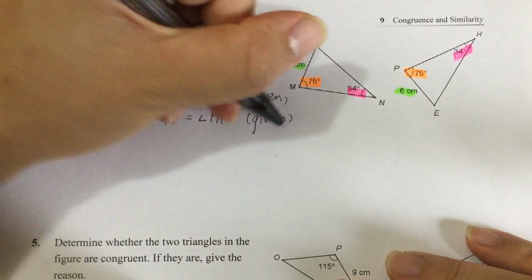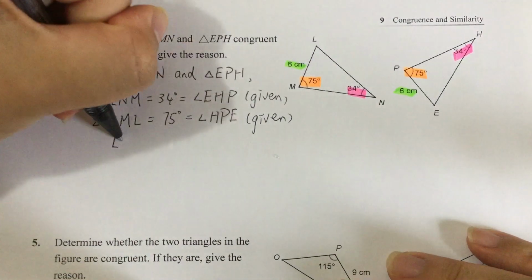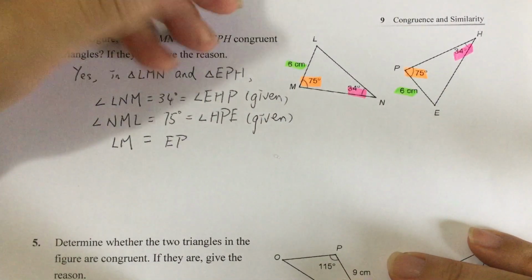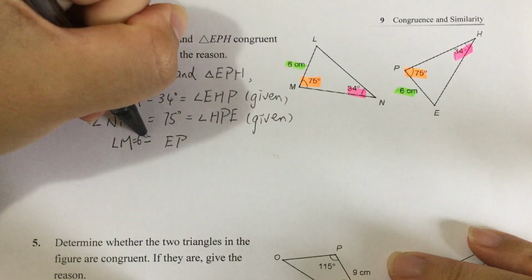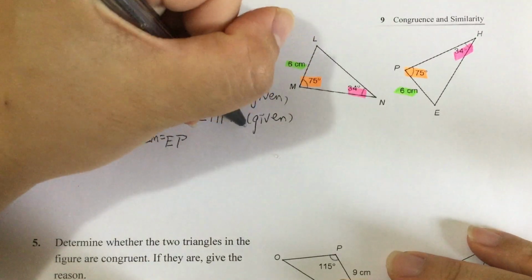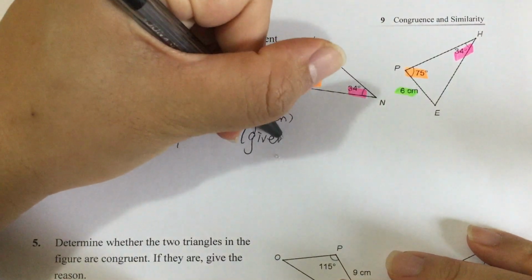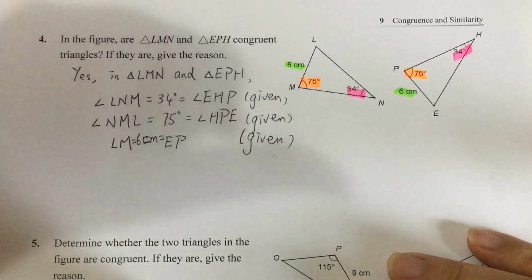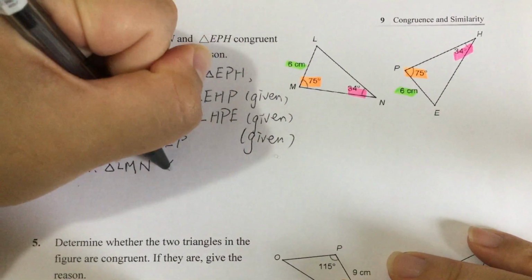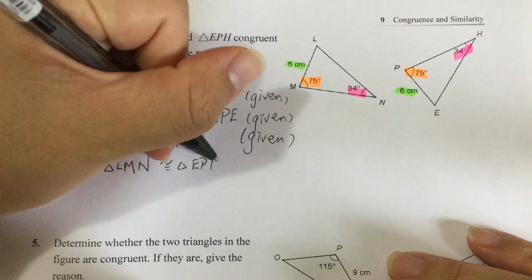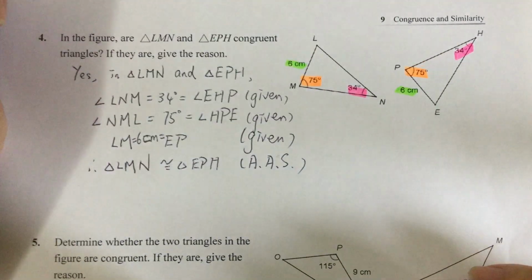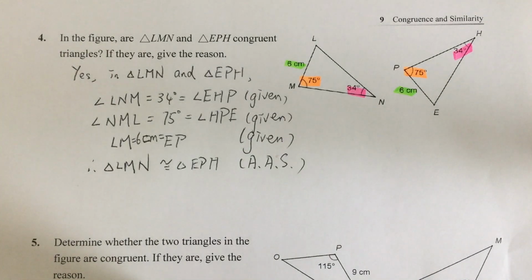Okay, we have 2 angles, and finally we have the length, LM equals EP. Sorry about that, that must be 6 cm, so they are equal. So this is once again given. So we know that triangle LMN is congruent to triangle EPH. That one will be AAS. Okay, this is the second part of it.